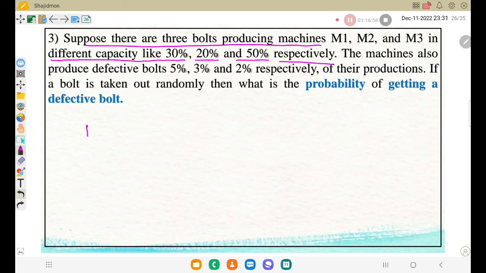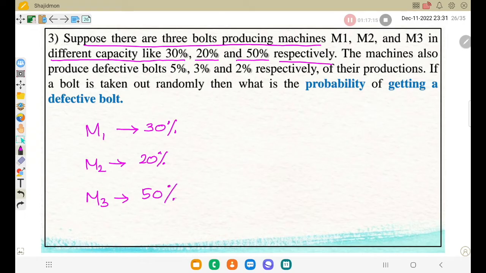That means machine number 1, bolt producing capacity, how much is it? 30%, correct? And machine number 2 capacity is 20% and machine 3 capacity is 50%. Total production 30% from machine number 1, 20% from machine number 2, 50% from machine number 3, correct?